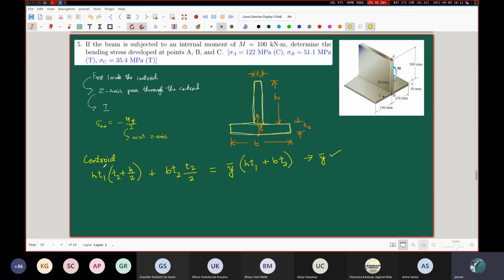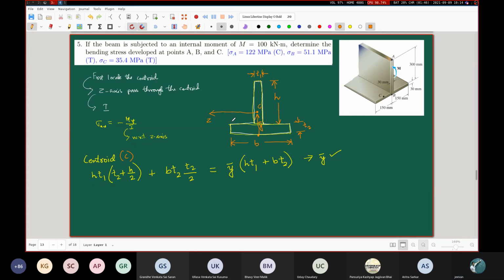So in the first step of the problem, you are determining the position of the centroid. Let us say that the centroid is located somewhere here. This is the position of the centroid, so C for centroid. Next, you position your actual z axis. Let's say that this was our y bar.